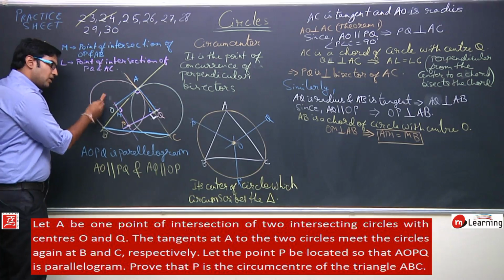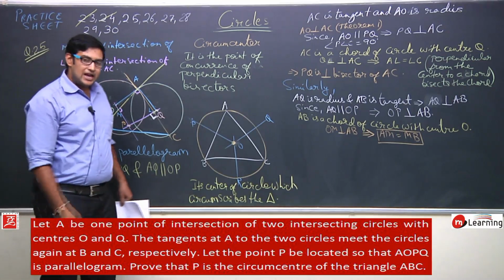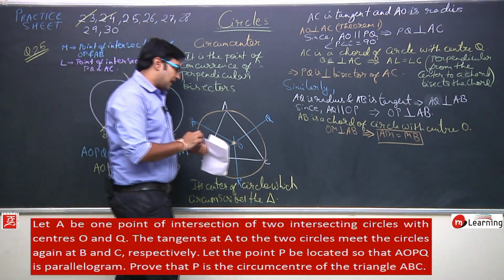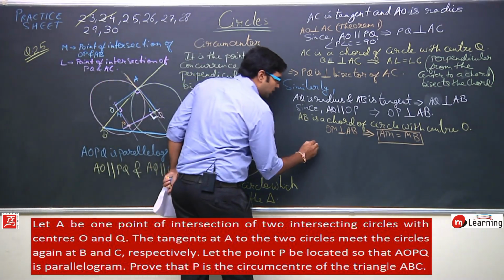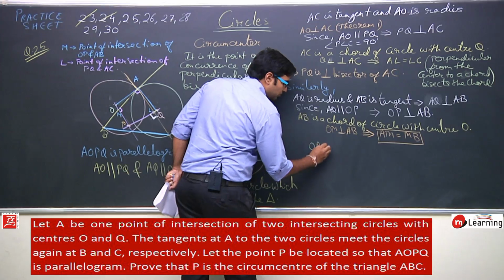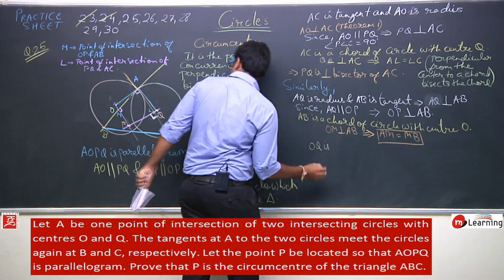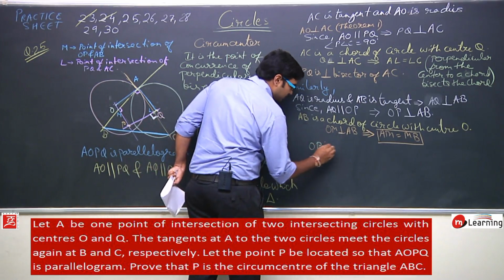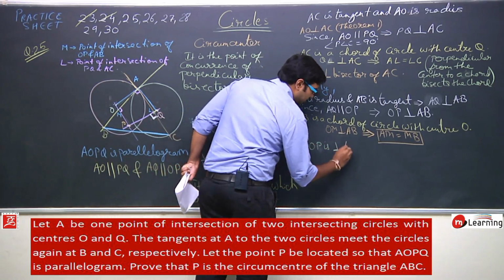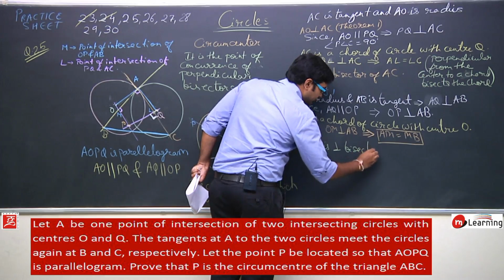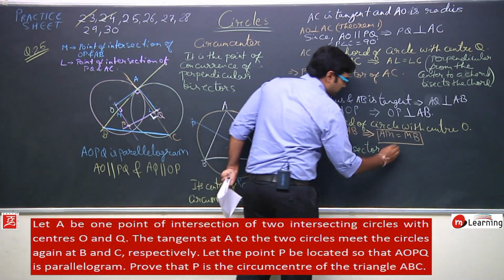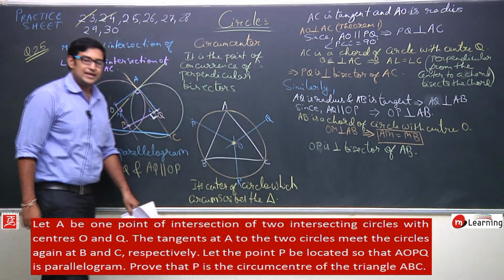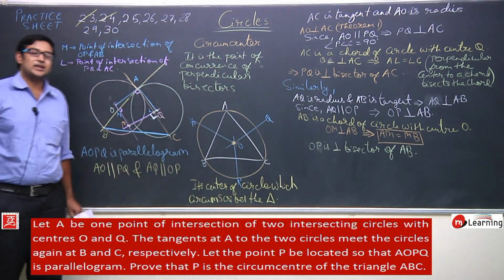Now you can see OM is perpendicular to AB as well as OM bisects AB. So OM, or OP, is the perpendicular bisector of AB.